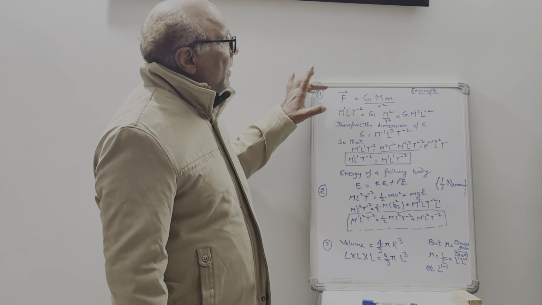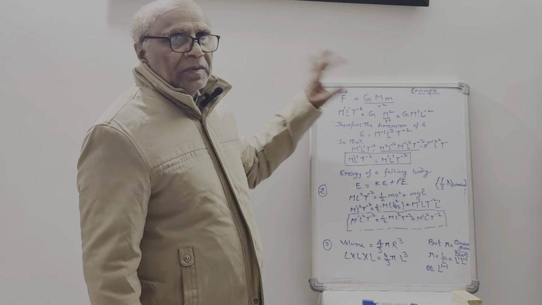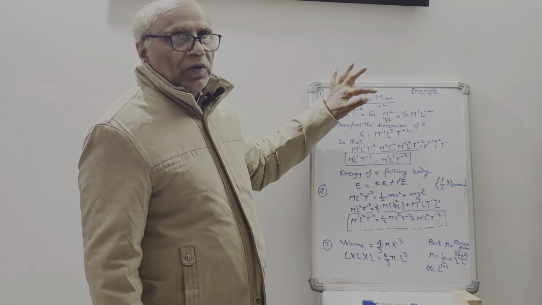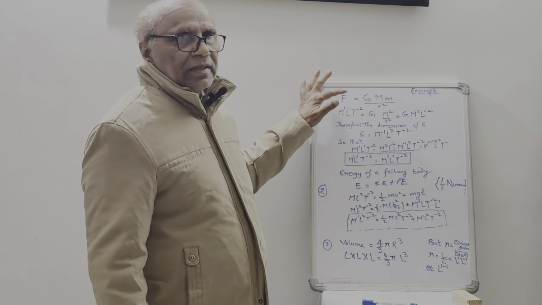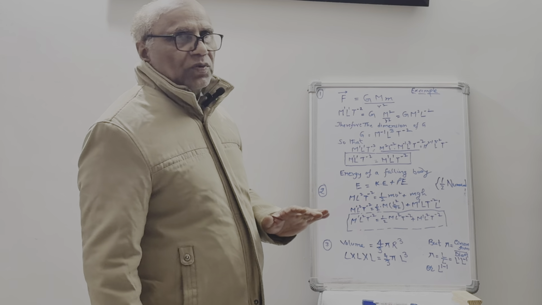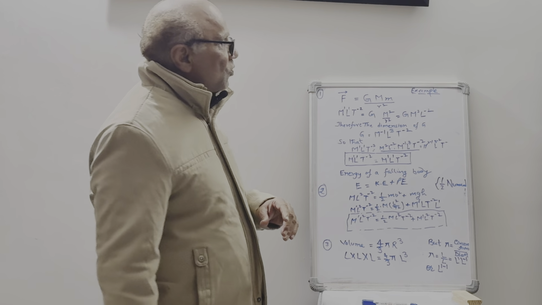Now if we say that F is proportional to M and M, then F is inversely proportional to 1 upon R square, then F is proportional to M M upon R square, or F is equal to G M M upon R square.